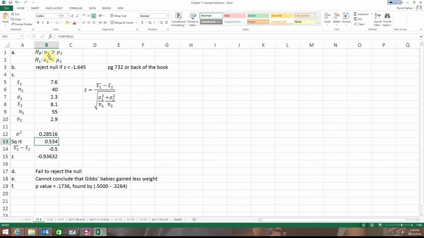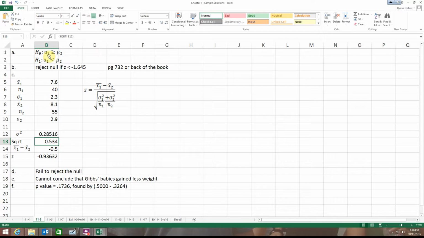So first, state the null hypothesis. Well, we got to read the question first. Gibbs Baby Food Company wishes to compare the weight gain of infants using its brand versus its competitors. A sample of 40 babies using the Gibbs product revealed a mean weight gain of 7.6 pounds in the first 3 months after birth. For the Gibbs brand, the population standard deviation is 2.3 pounds.